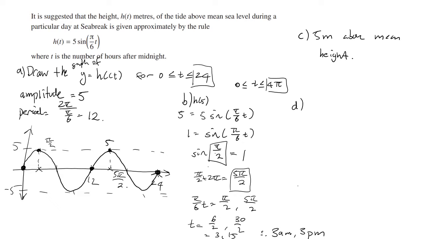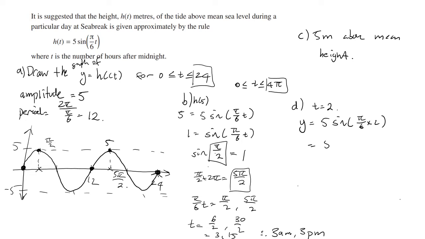It says, what was the height of the tide at 2 a.m.? Okay, so 2 a.m. is 2 hours after midnight, so it's t equals 2. So we're going to do y equals 5 sine pi over 6 times 2.